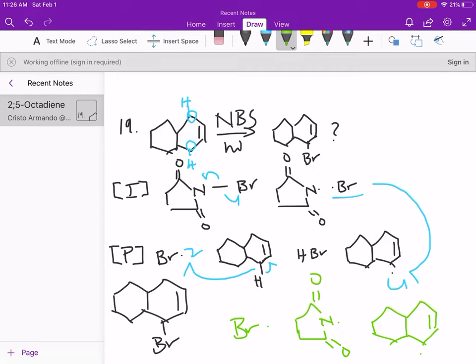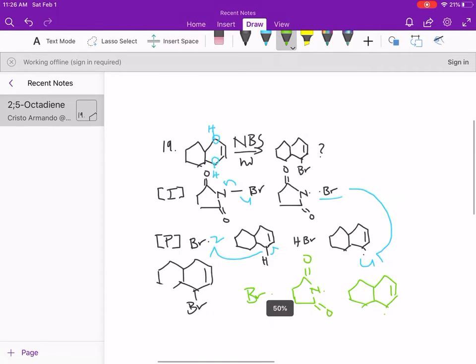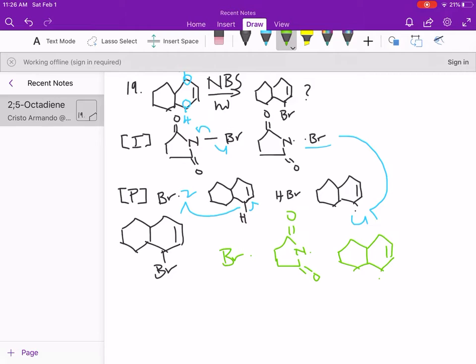And so any of these can react with each other to terminate. So let's just say this one with a radical reacts with another bromine with a radical, and we just get Br2, right? Or if you want to have this one react with another alkene, I can do that. And I'm not going to draw this product because it's not really necessary.